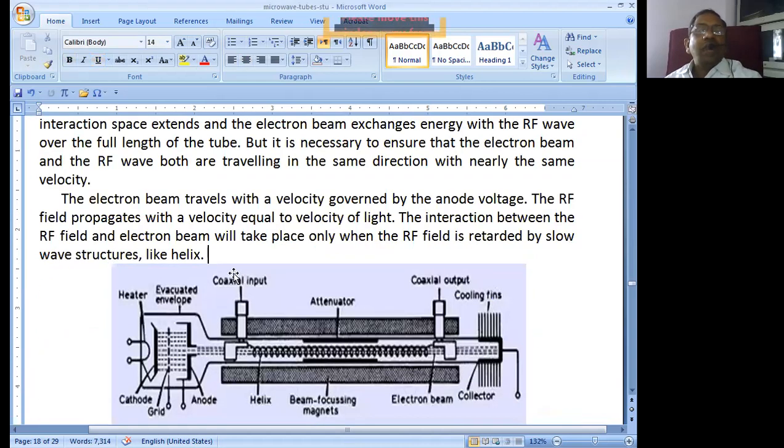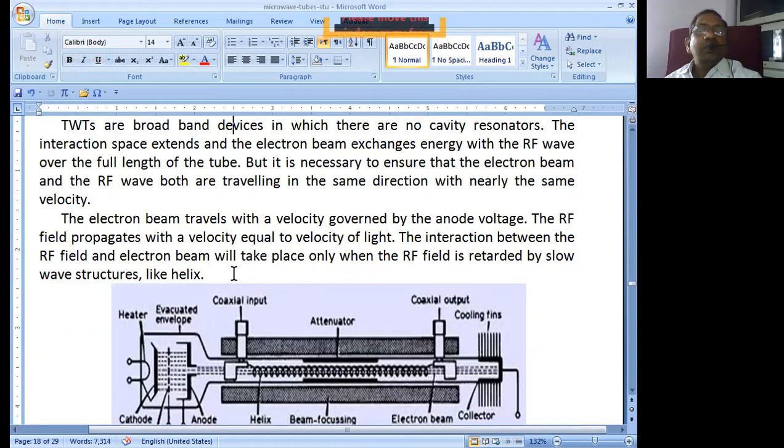Now, when we already have a klystron tube, why are we going for TWT tubes? The only reason is to process broadband signals, whereas the klystron is normally used to process narrowband signals.